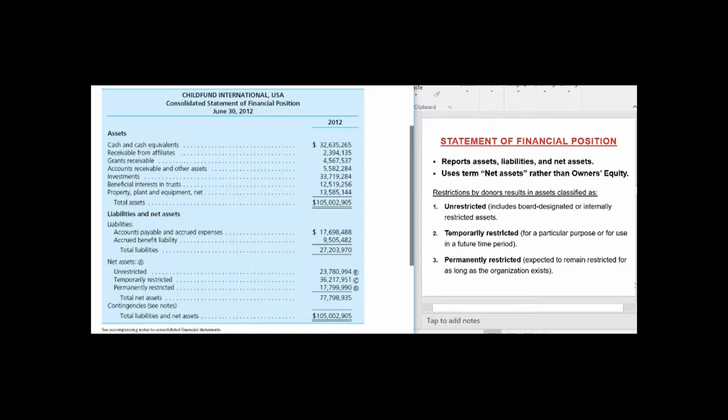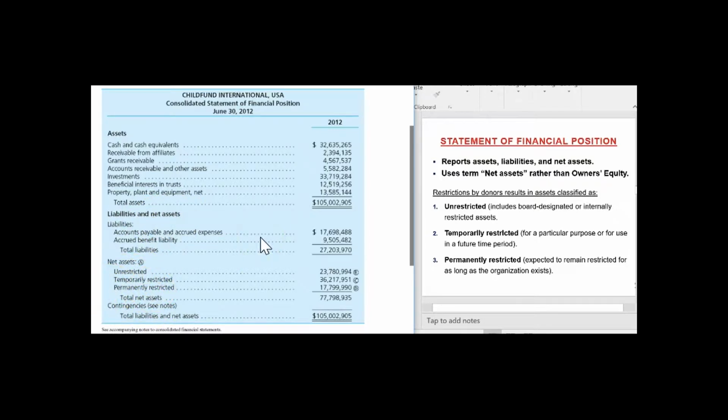As I just mentioned, the consolidated statement of financial position is just like the balance sheet, and you see here they have all of their assets, as we do for a for-profit business, and then they have their liabilities, but instead of an owner's equity section, they have a net assets section.